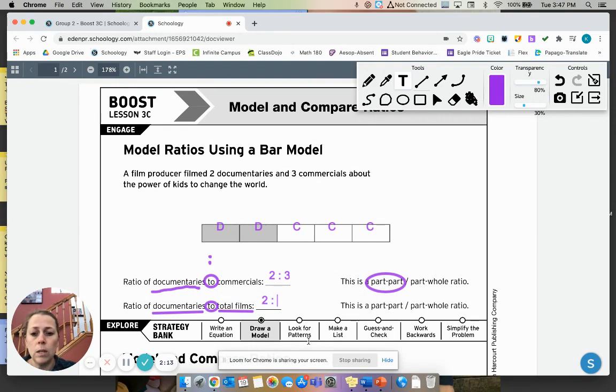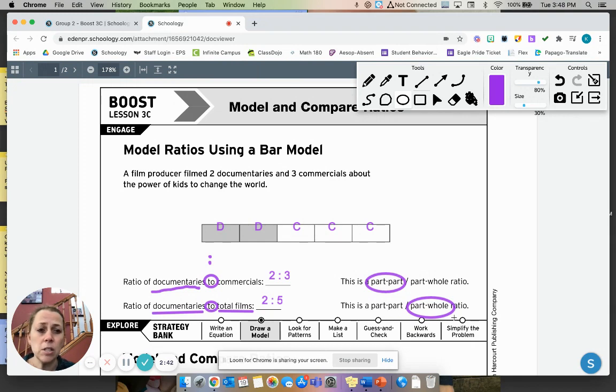Then we have our colon, and the number of total films. This is not just commercials, it's not just documentaries, it's all of them together. So I have 1, 2, 3, 4, 5, so my second number would be 5. This is an example of part to whole. I'm talking about just documentaries, that's the part, and the whole is all of the films together.